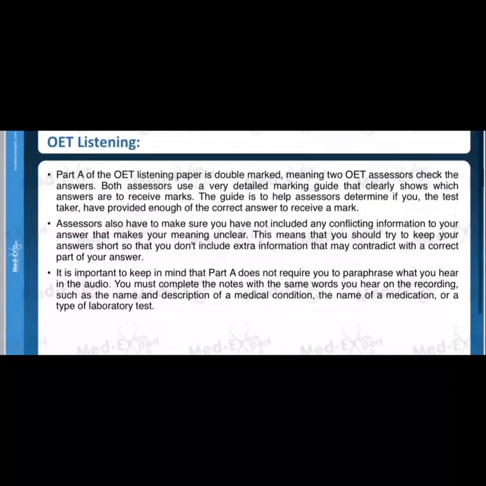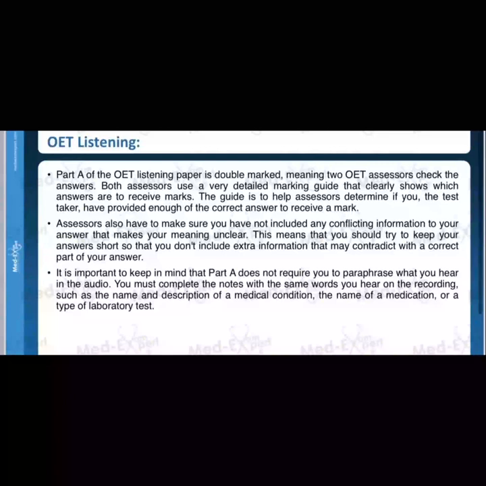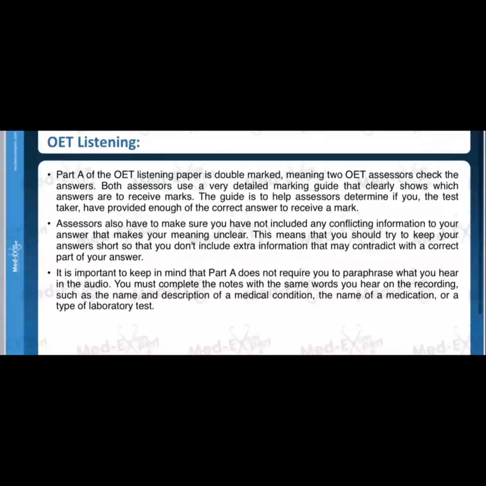Part A of the OET listening paper is double marked, meaning 2 assessors check the answer. Both assessors use a very detailed marking guide that clearly shows which answers are to receive marks. The guide helps assessors determine if you, the test taker, have provided enough of the correct answer to receive a mark.